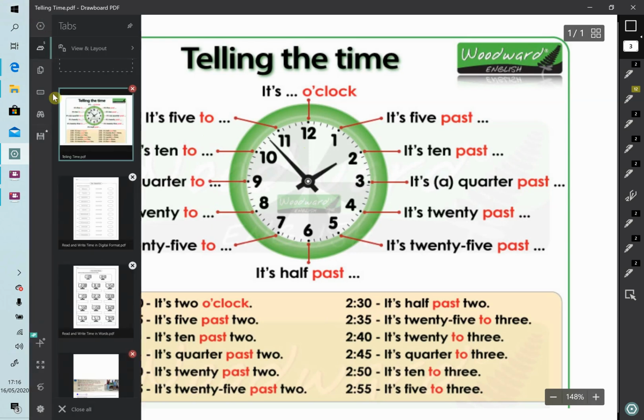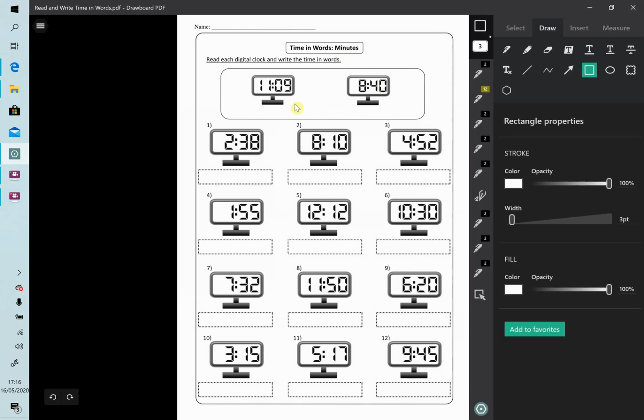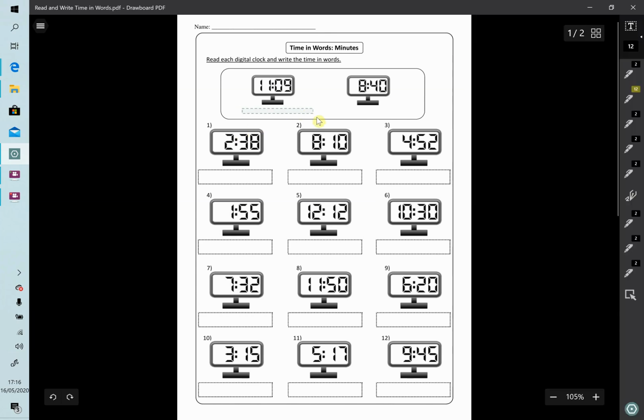And you're going to be having two handouts, girls, and I just want to show you this one. So these are digital clocks, sorry. You've got two digital clocks, and I'm going to do them over here, and we need to write them in words. So if I have to write the first one in words, and I'm going to get my writing material in front of me.